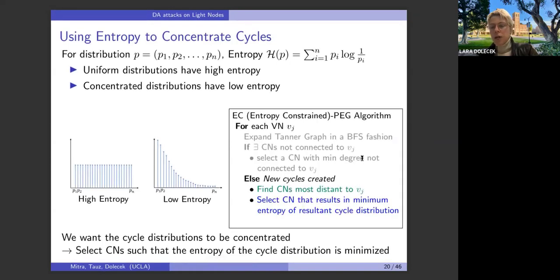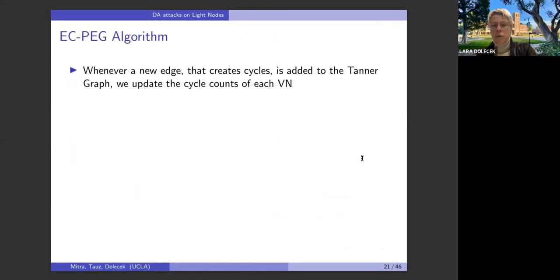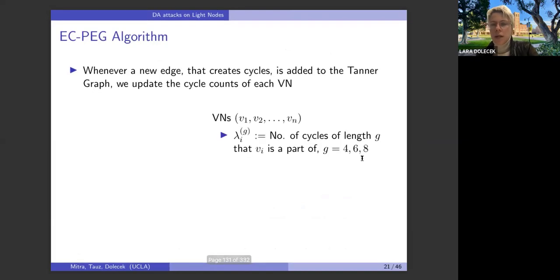And so the part that we modified, it's just one line of code, really. We select the check node that results in the smallest entropy of the resultant cycle distribution, and then we update the cycle distribution. So our ECPEG algorithm works as follows. We simply keep the tally, the record of the cycle involvement for each variable node.